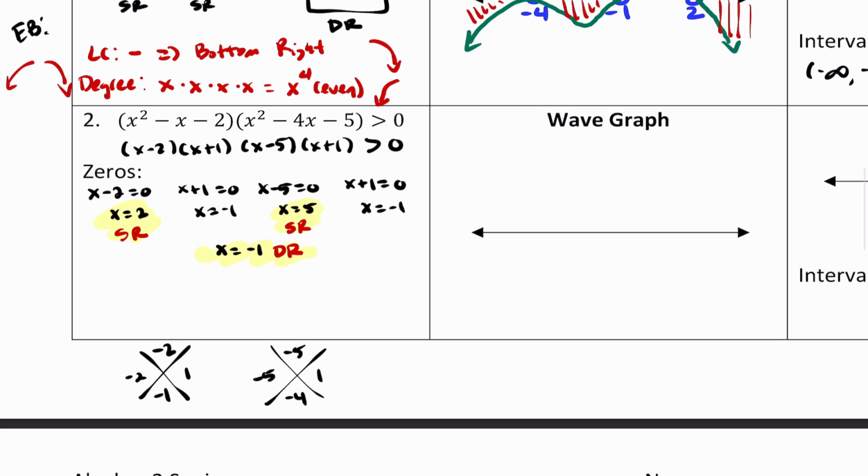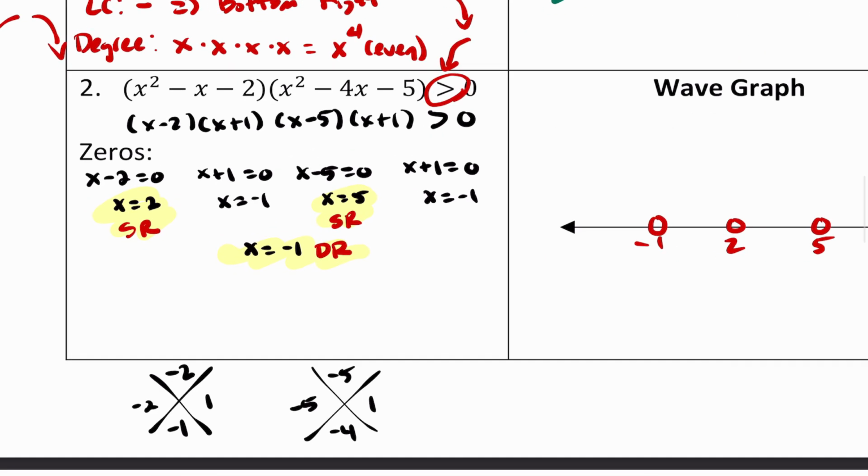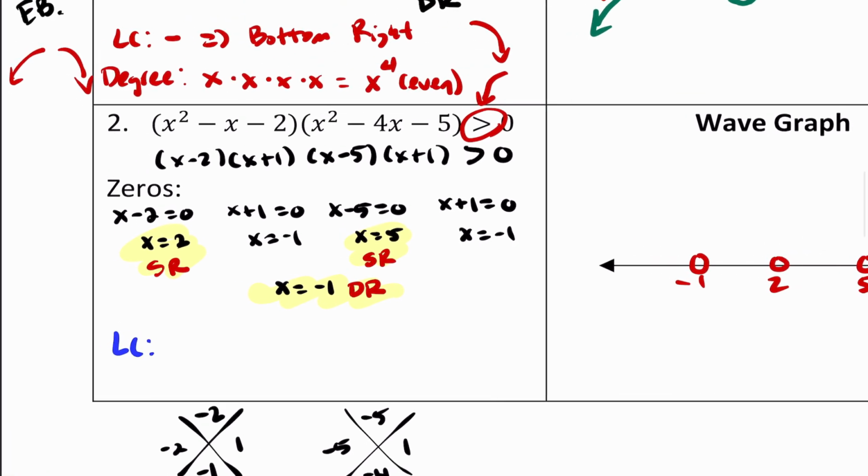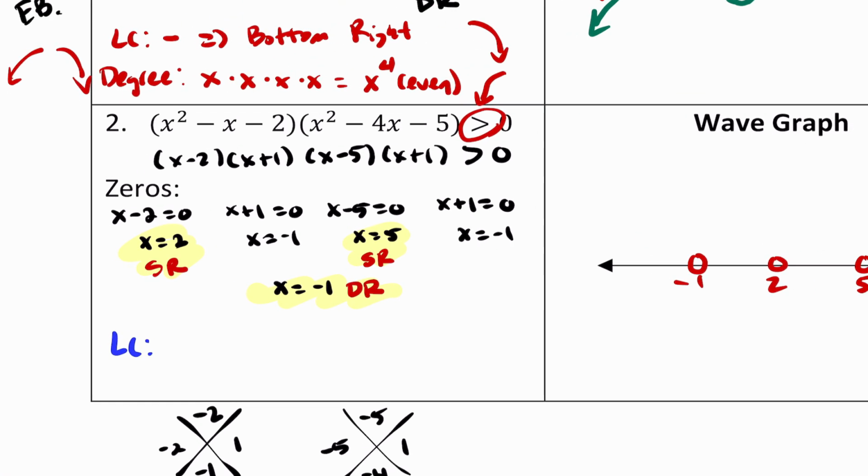Okay, so here's my wave graph. So we're going to start off with -1, +2, and +5. We have a greater than symbol, so all of these points should be open dots. So open, open, and open. Now, the leading coefficient. So the leading coefficient, it's positive, right? So it's a +1.